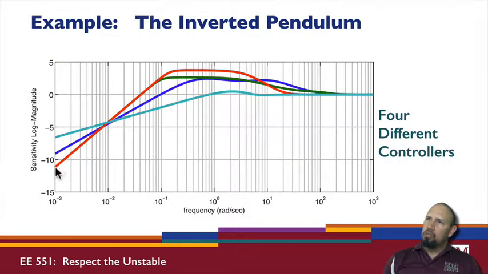Notice that this red one digs really deep, and as a result, it has higher values over here. This blue one doesn't dig as deep, and so it has smaller magnitudes. This green one digs pretty deep, and instead of being larger in magnitude over here, it's non-zero for longer, so that the area under the green one is the same as the area under the red one.